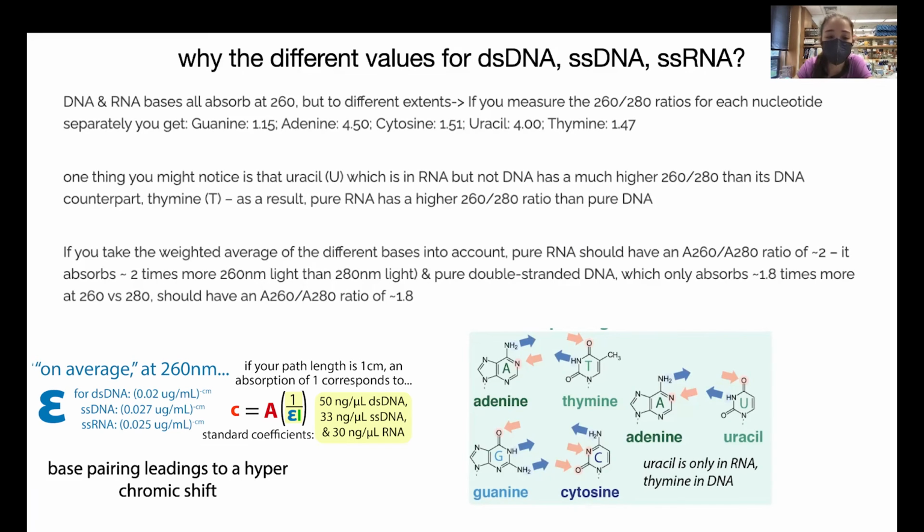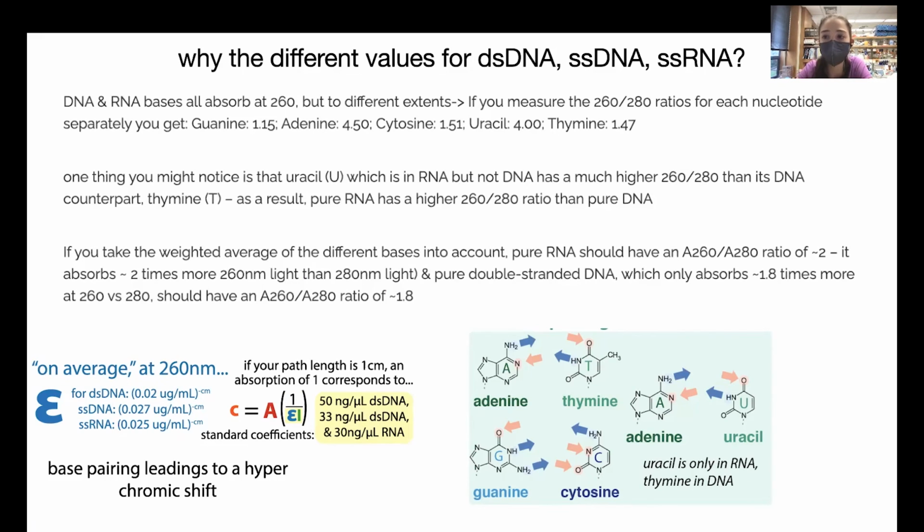And so basically you get this hyperchromic shift. For single-stranded DNA, you have a higher absorption because those bases are free to absorb the light, whereas with double-stranded DNA, they're all tied up.